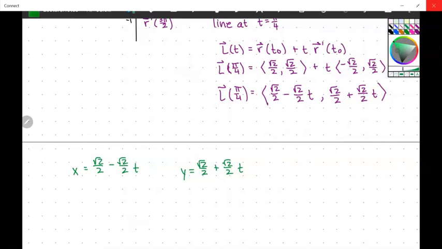How do we do that again? One way you can do it is to take one of the equations, solve for t, and then plug into the other equation. They're both pretty much the same equation. So let's just take x. If I multiply both sides by 2, we get 2x equals root 2 minus root 2t.